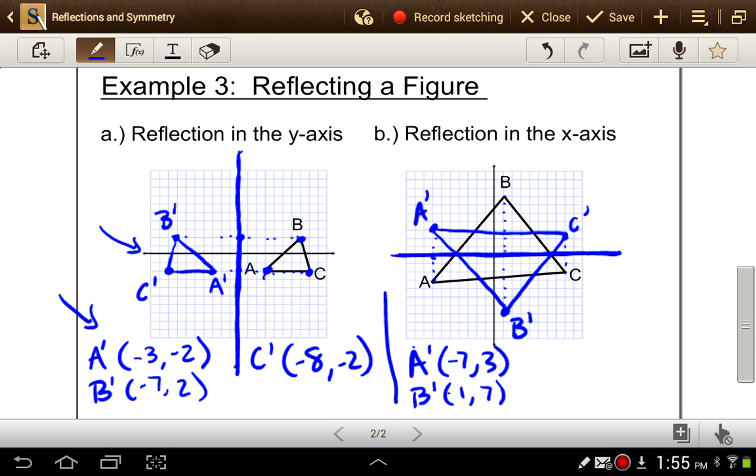Down, that's B. B prime is down 7, so that's 1, negative 7. And then C prime is 1, 2, 3, 4, 5, 6, 7, 8 to the right, and then up 2: 8, 2. So that's how you reflect, and you can reflect within an object.